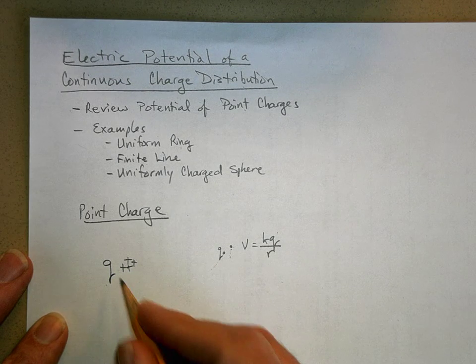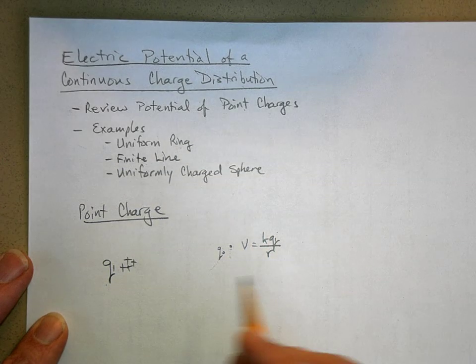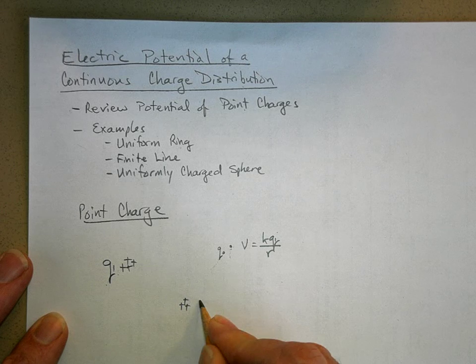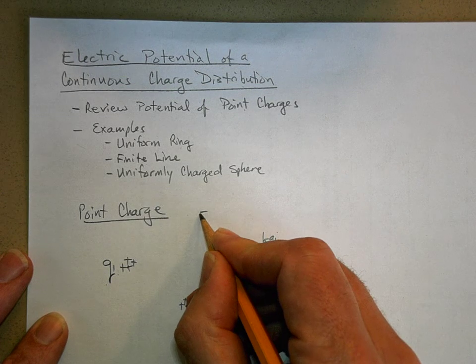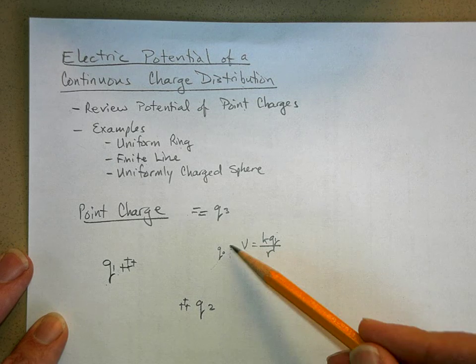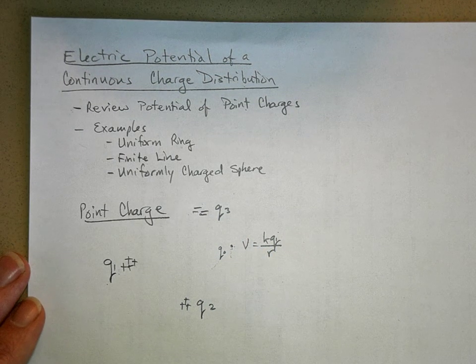Now, if this is just Q1, and I've got more than one point charge, here's Q2, and maybe up here is Q3, I have to do work against the electric fields for all three of these, and I can just add them up.